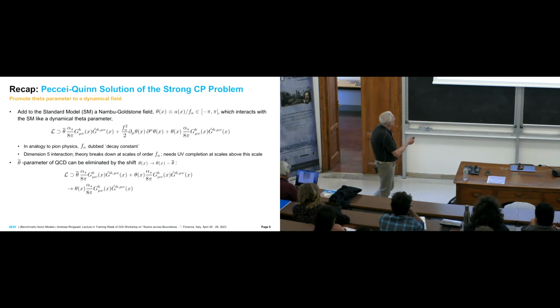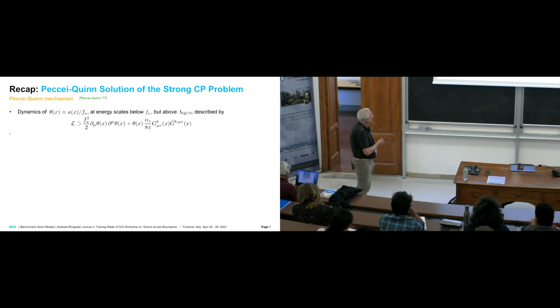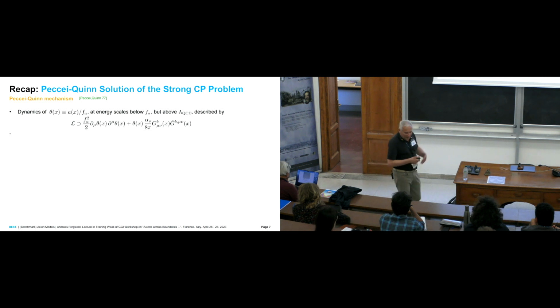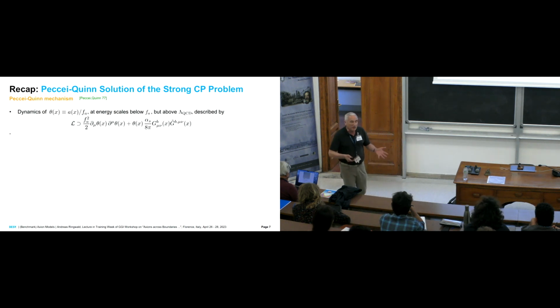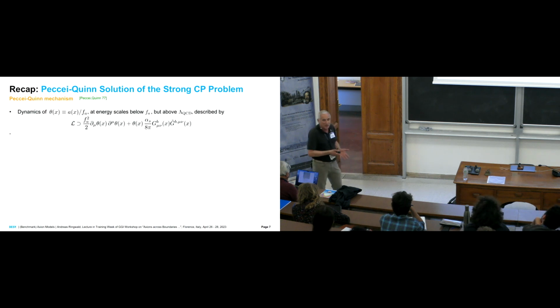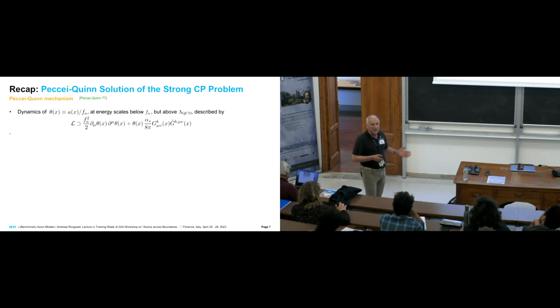So the Lagrangian will be given by this. From that, many things follow. It's such a simple theory, but so many things follow from it, just by chiral perturbation theory and all the things which Giovanni was talking about.